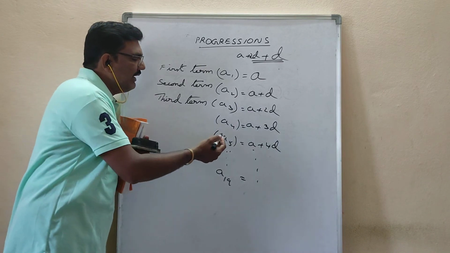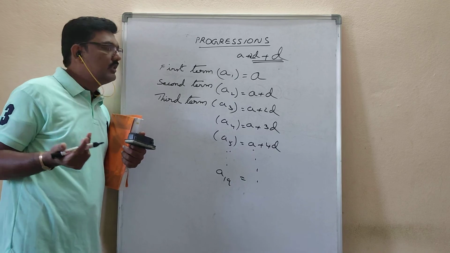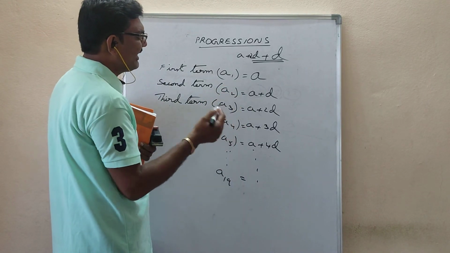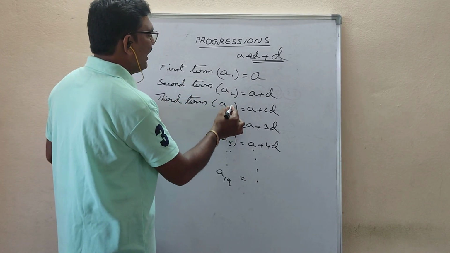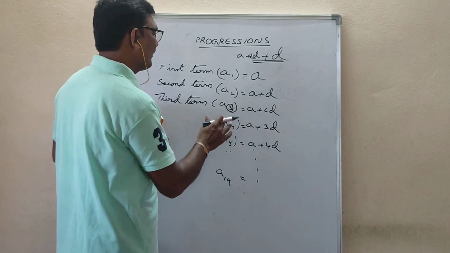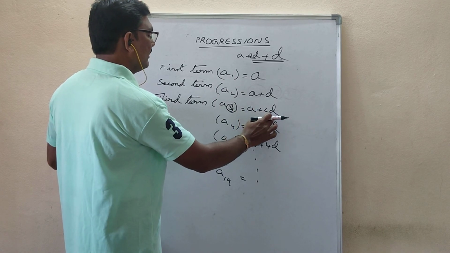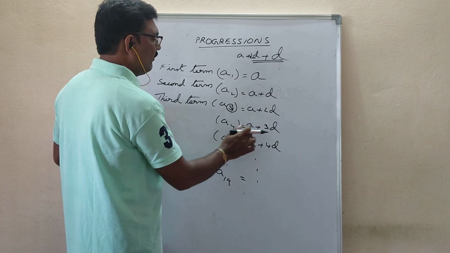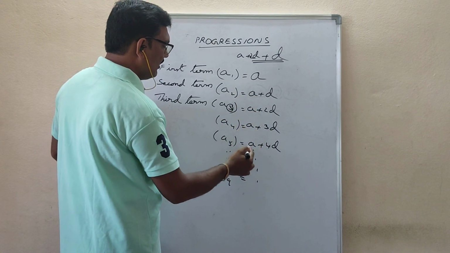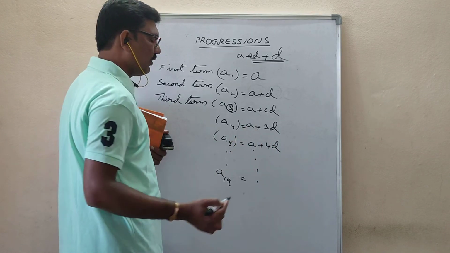So for a5, a6, a7, a19, how do you remember? If you observe these terms keenly, d's coefficient is 1 less than this number. If you have 3, from 3 subtract 1, 2d. If you have 4, 4 minus 1 means 3d. A is common. If you have 5, the coefficient of d is 4.